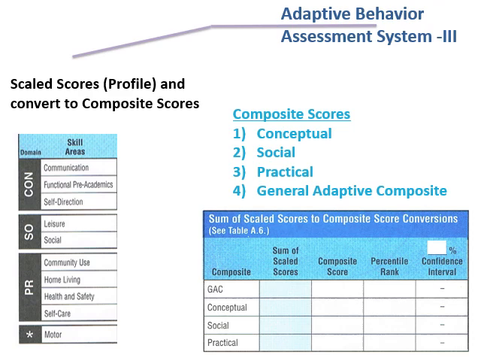If you look at the social domain, this is constructed from the leisure subdomain and the social subdomain. If you look at the practical domain, this is made up of community use, home living, health and safety, and self-care subdomains. So at some level, it is assumed in a hierarchy that these subdomains can be brought together to form broader skills. So we think in domains of development.